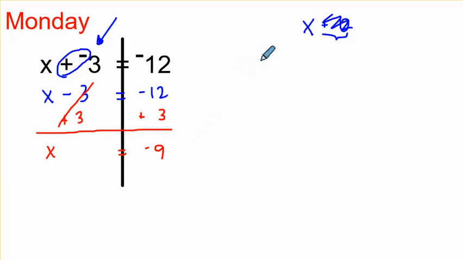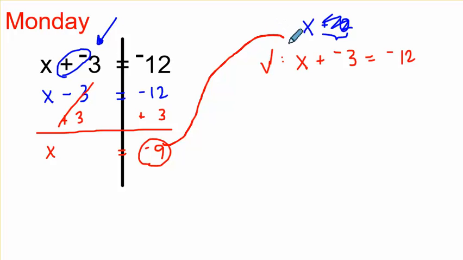So, in order to check, we write the original problem. So we have x plus negative 3 equals negative 12. And what we're doing here, guys, is we're just going to say, okay, let me plop this baby in for x and make sure that it works.